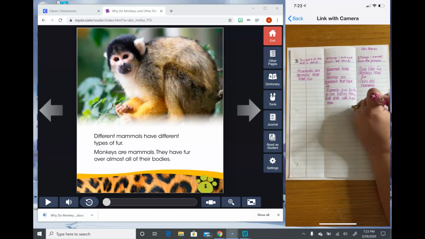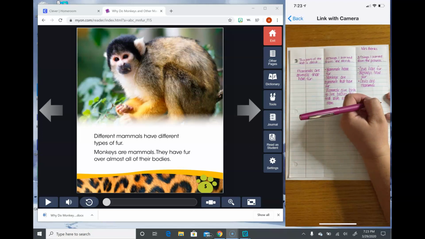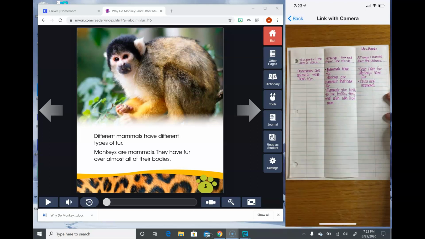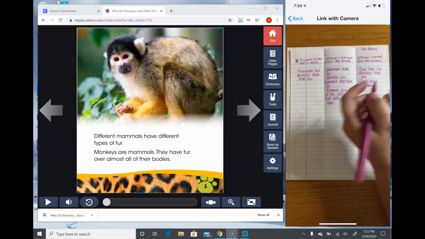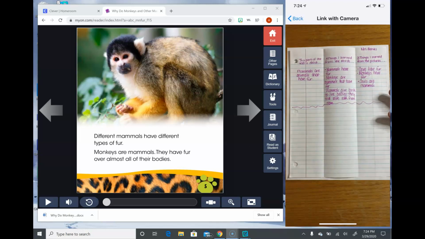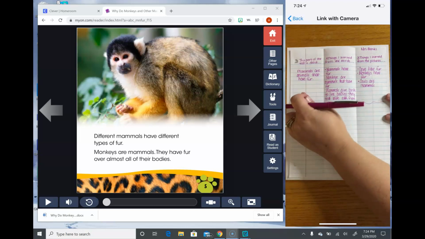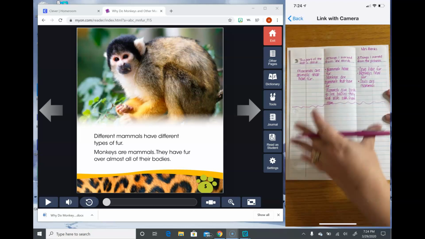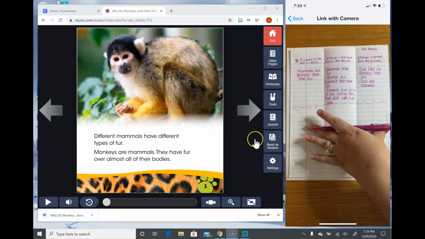But in order for me to make it look neater so that I don't get confused with which section of the text I'm using, I'm going to put a little squiggly line kind of right underneath the last word. I'm not going to use this space. I'm not going to use this space. And then I'm going to go to that next section.